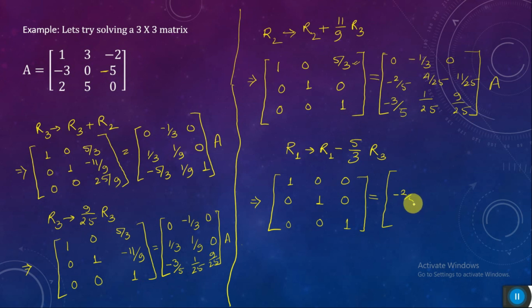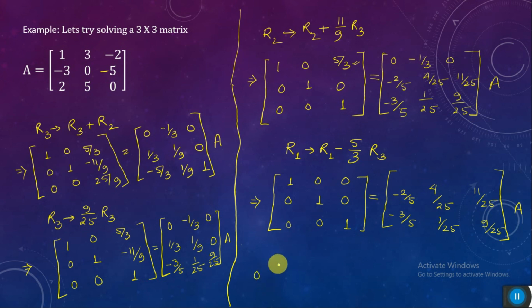Okay, now what we have to do is here minus 2 by 5, 4 by 25, 11 by 25, minus 3 by 5, 1 by 25, 9 by 25. Okay, and then row 1.